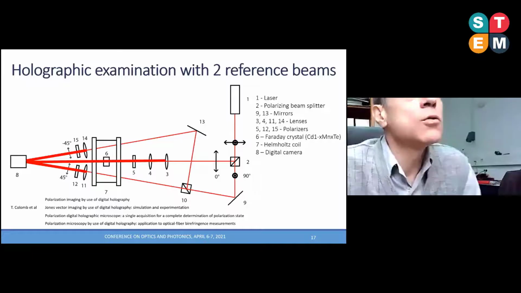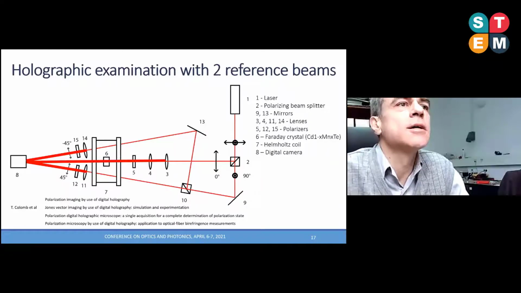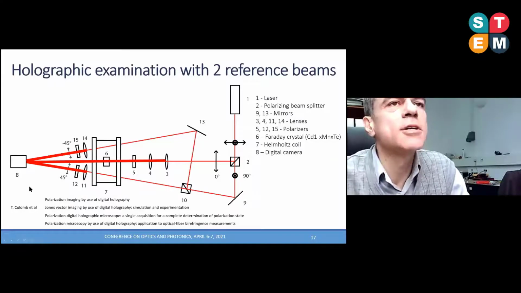So we went through a series of papers written by T. Colomb, where he was discussing polarization sensitive digital holography. So we made this setup, and this is the setup I reported. To have delta over sigma normalization, you need 2 reference beams, and we have 2 reference beams and an object beam overlapping at the camera surface.